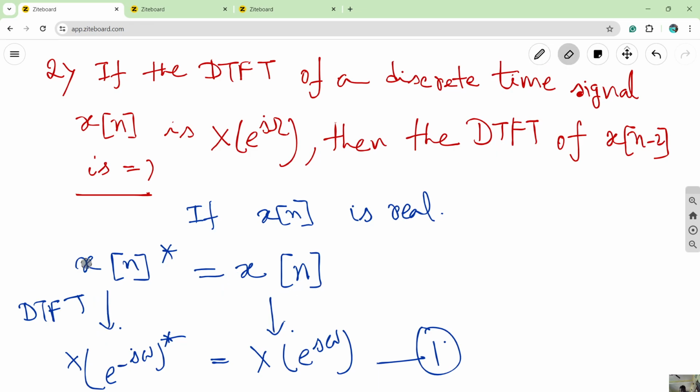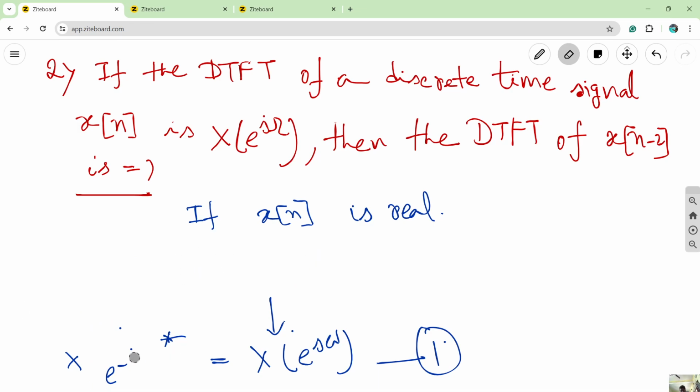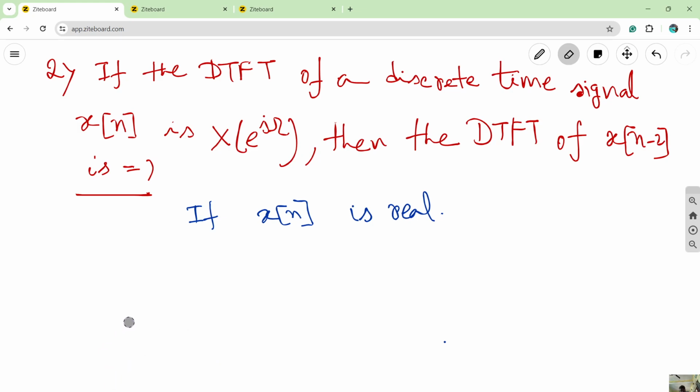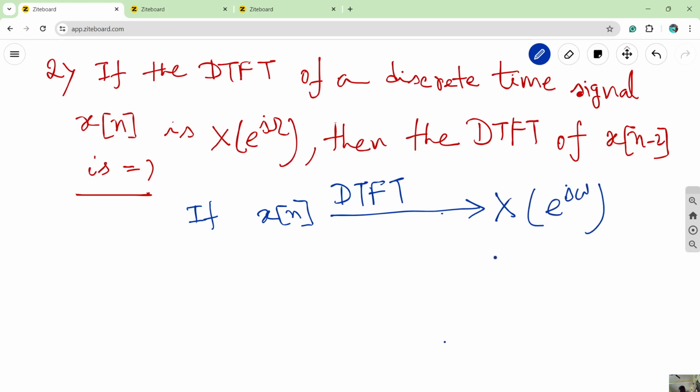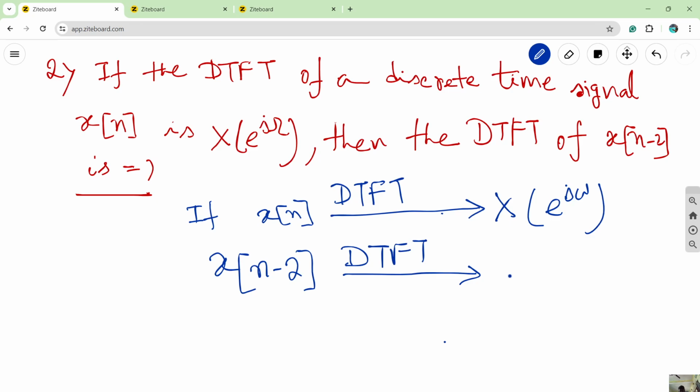A little bit, I was just solving different things. Pardon for that. So if x of n has a DTFT, that is X of e to the power j omega, then x of n minus 2 has the same DTFT, but the time shift will be reflected by a phase shift.